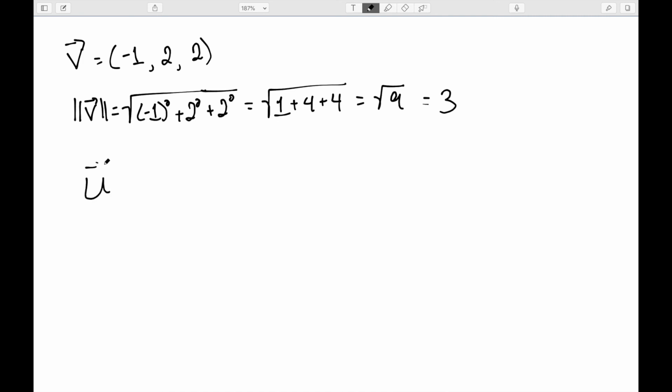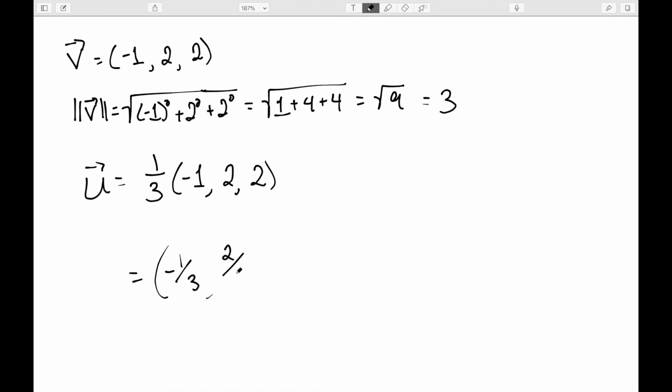So my unit vector would be 1 over 3 times the original vector, -1, 2, 2, or -1/3, 2/3, 2/3. And you can check to confirm that the length of u is in fact 1. I'm not going to here, but you can double check your problem that way.